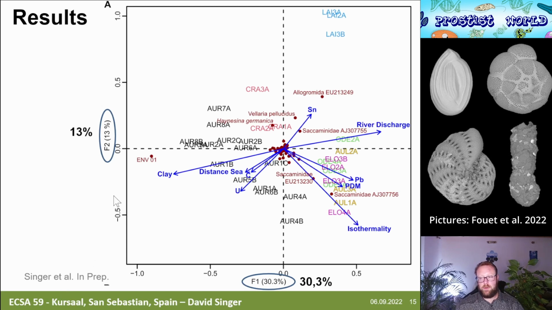Here, as you can see, the percentage of clay, the distance to the sea, the river discharge, and even a heavy metal like lead influence the community composition, as well as some climatic data like the isothermality. But if you look at the percentage of explanation of each axis, it explains a low percentage, 30% for this axis and 13% for this axis, meaning that a lot of variance remains unexplained.